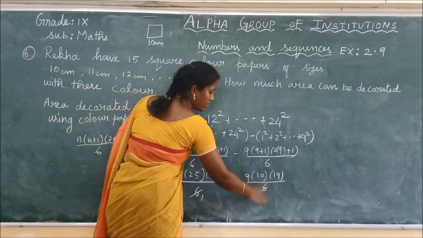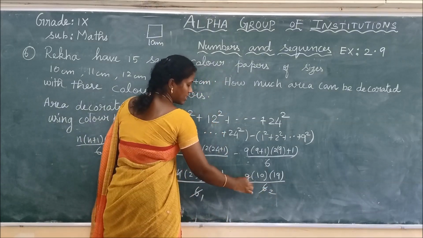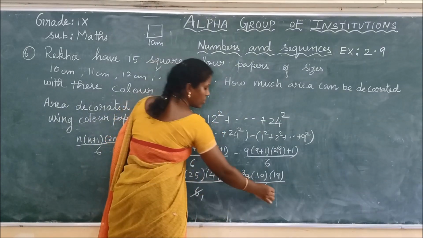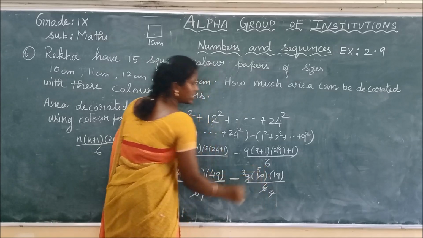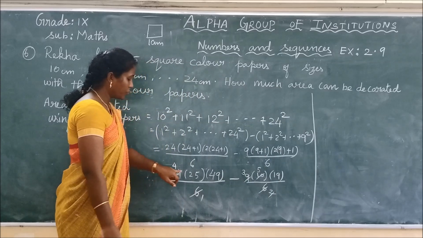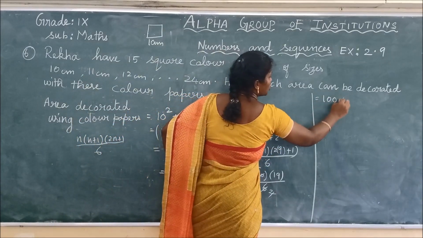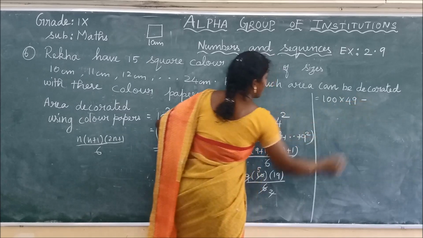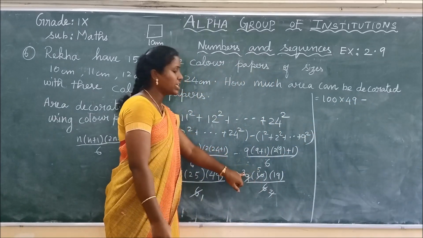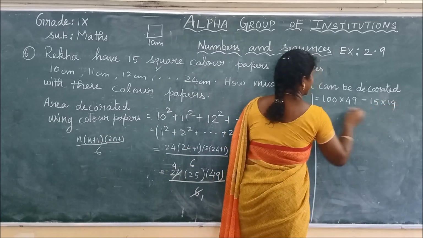Here if I simplify, 2 3s are 6, 3 3s are 9. 1 is 2 and 5 is 10. So what are the remaining values we are having here? 25 into 4 is 100 into 49, minus 5 into 3 is 15, 15 into 19.